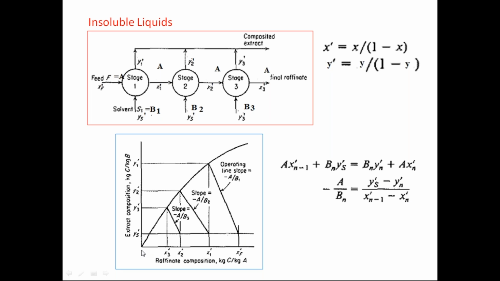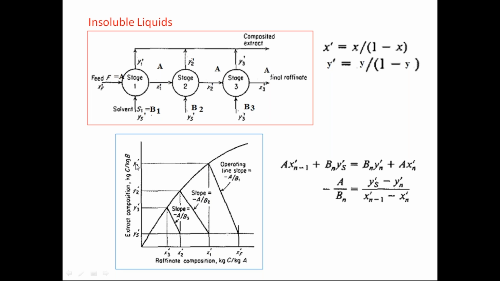Suppose you draw an equilibrium curve between Y prime and X prime, you will get an XY diagram like this. So initially you have Ys prime in which XF prime is there. You can draw one operating line which will have a slope of minus A by B. This is the slope of A by B. Then you have X1 prime and Y1 prime.